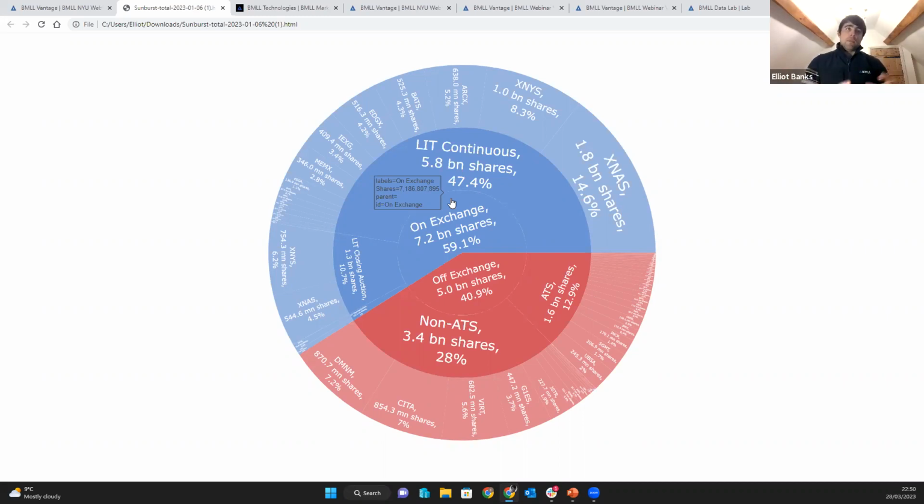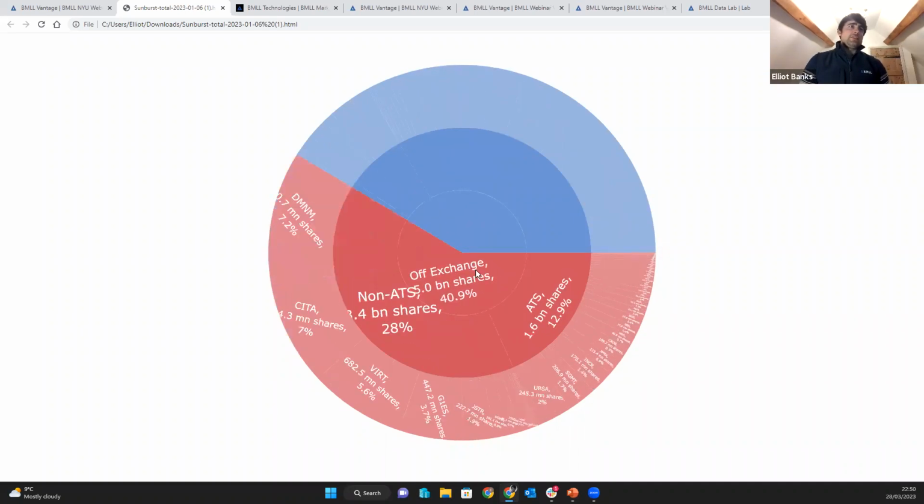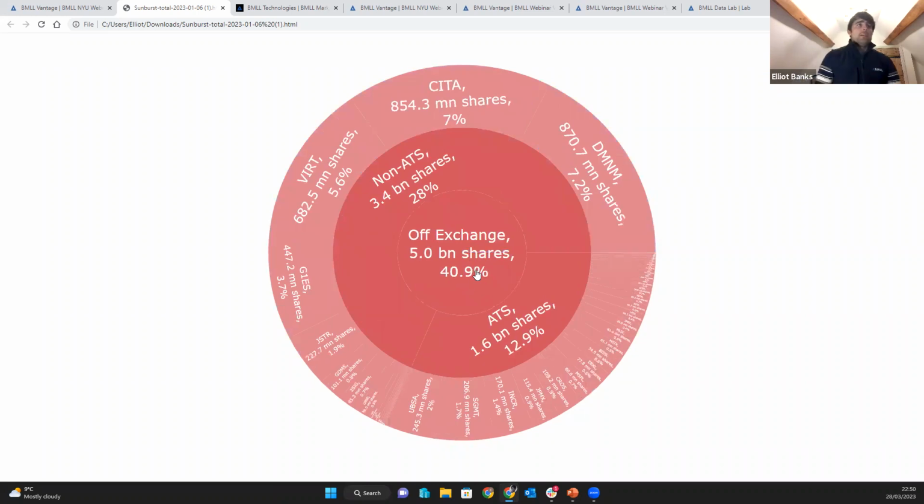The detailed granular breakdown we get is taken from a combination of BMLL's data plus data from FINRA, which reports this information. That's only available on a share basis. Within this 60%, broadly two thirds of it is on the off-book venues.